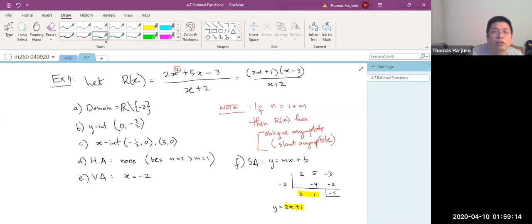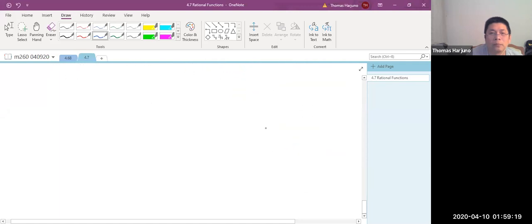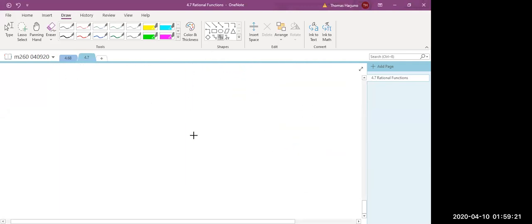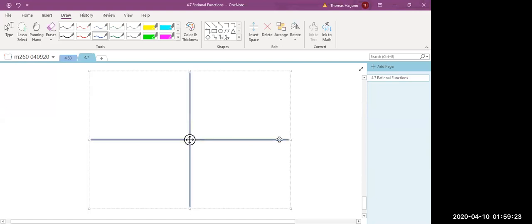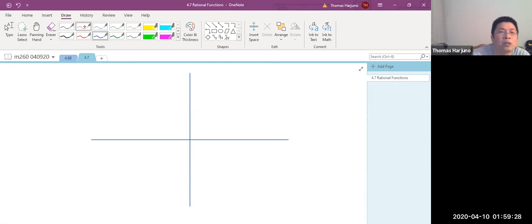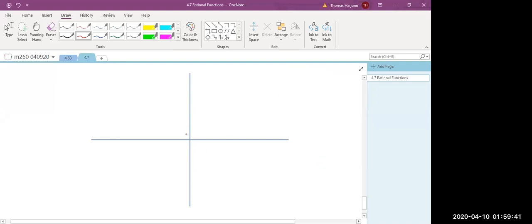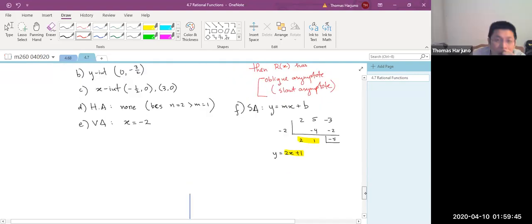Now let's try to sketch the graph. Now you help me. What's the x-intercept? -1 and 0, 3 and 0. -1/2, 0.